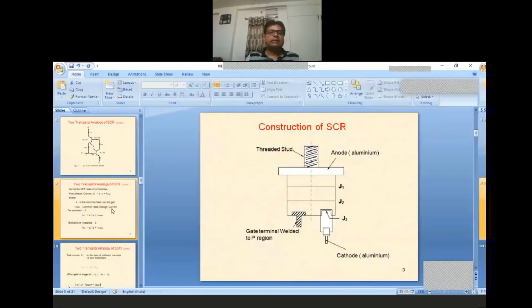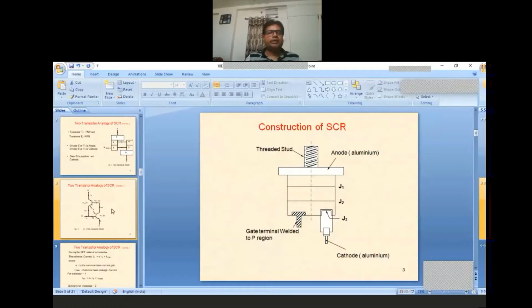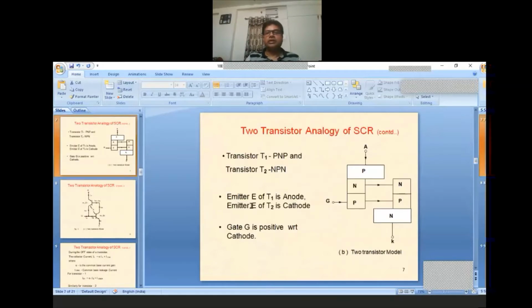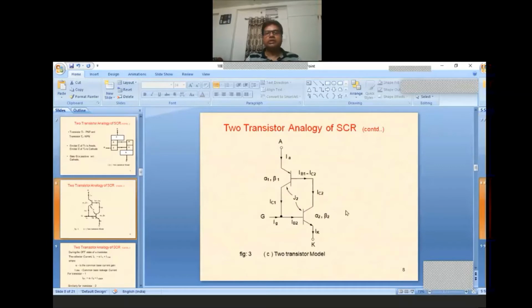And again, this working was compared by comparing the construction of the SCR by splitting it into two equal halves, where it will result as if two transistors PNP and NPN are connected back to back as shown in this equivalent circuit.